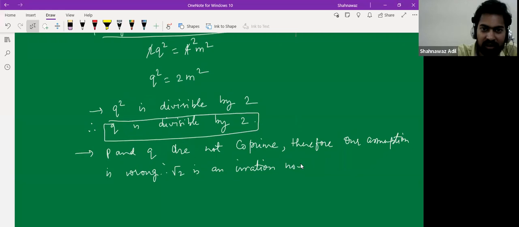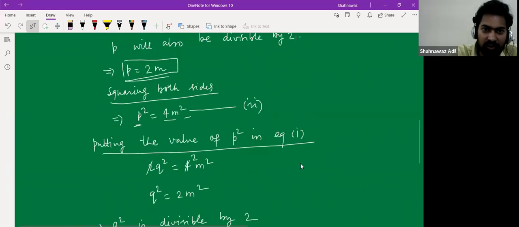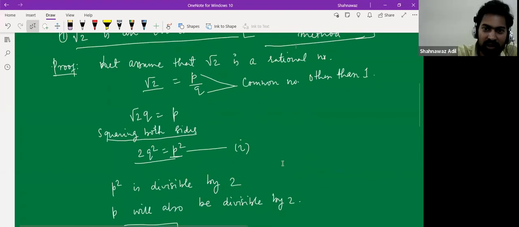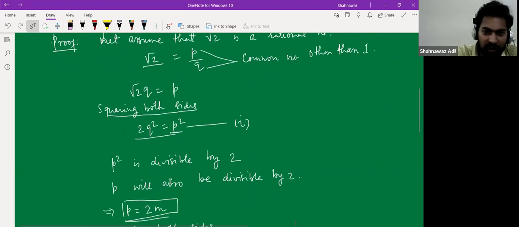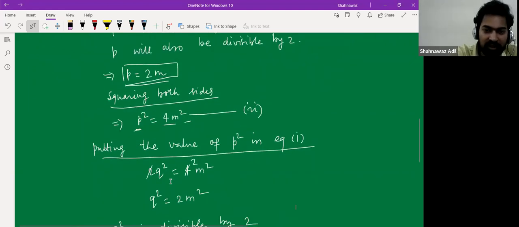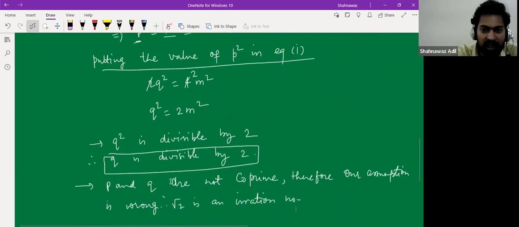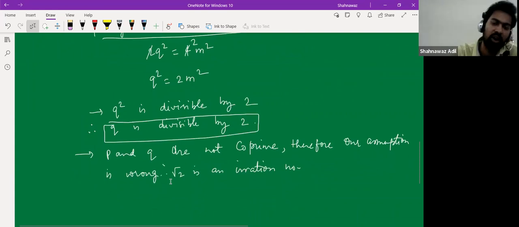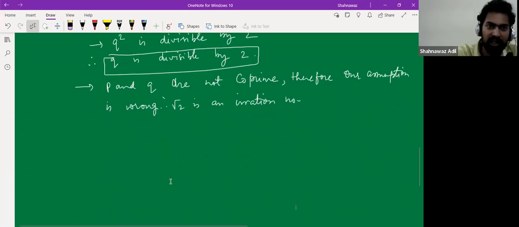So this is the method that I was talking about: you first assume that it is a rational number, and then you solve it, and then you find out that it has some other common factors. So that's why you say that your assumption is wrong, and the opposite of your assumption is true. Understood? Any doubts?